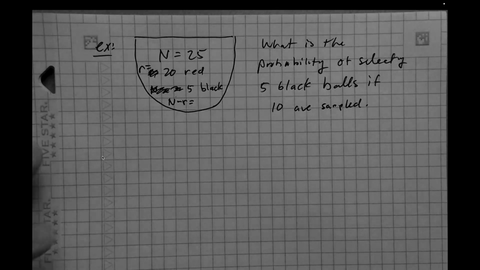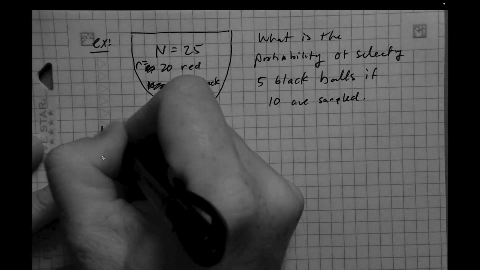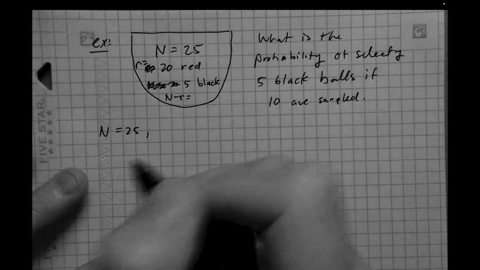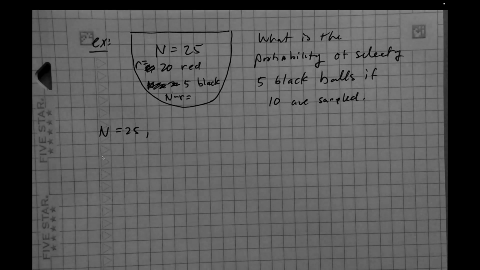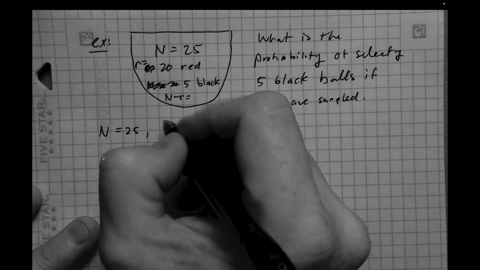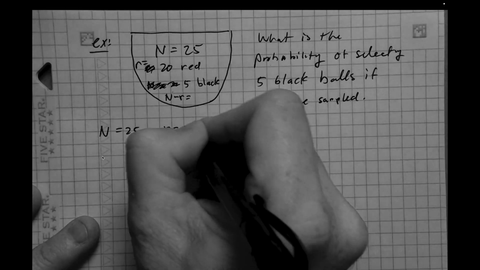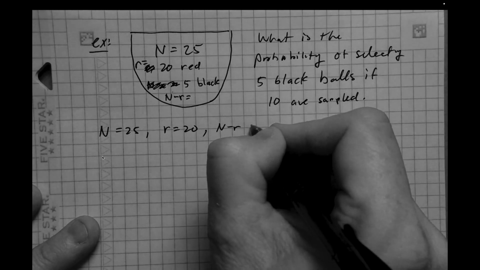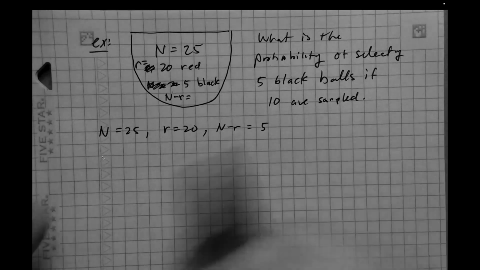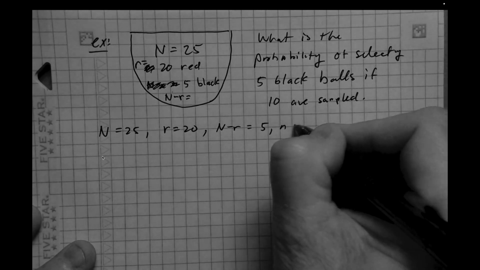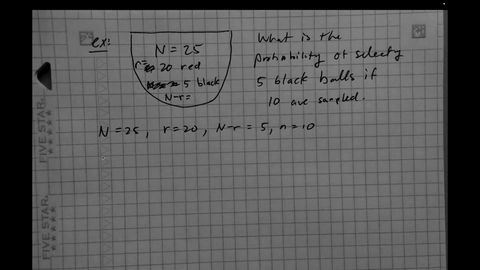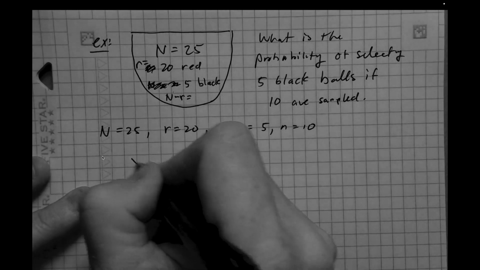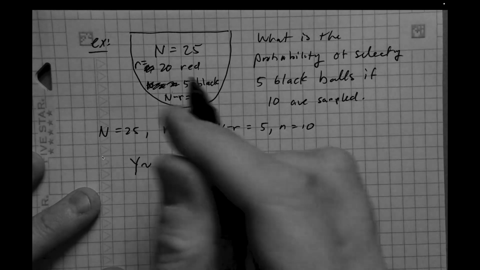Let's write out all the information that we have. Our big N is 25. R is equal to 20, and N minus R is equal to 5. Our sample size is 10. So what we would say here is that Y is hypergeometric.